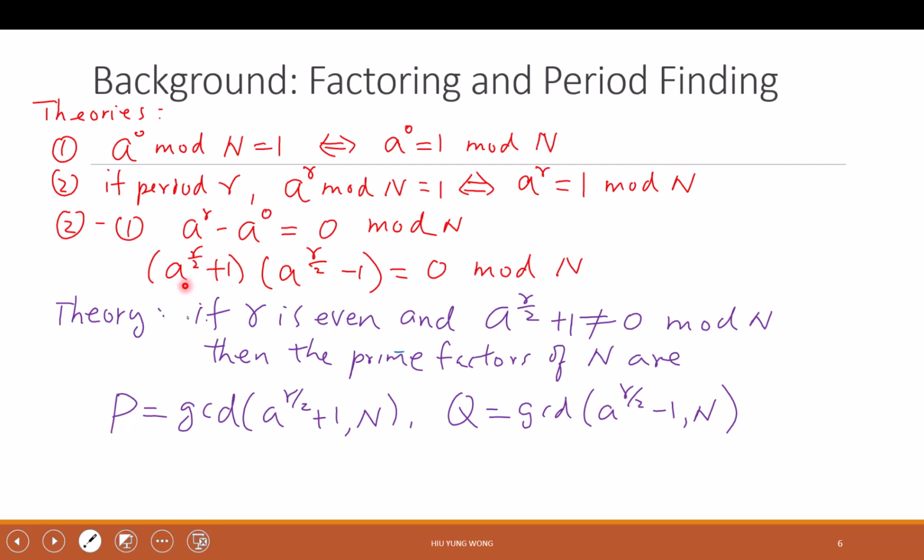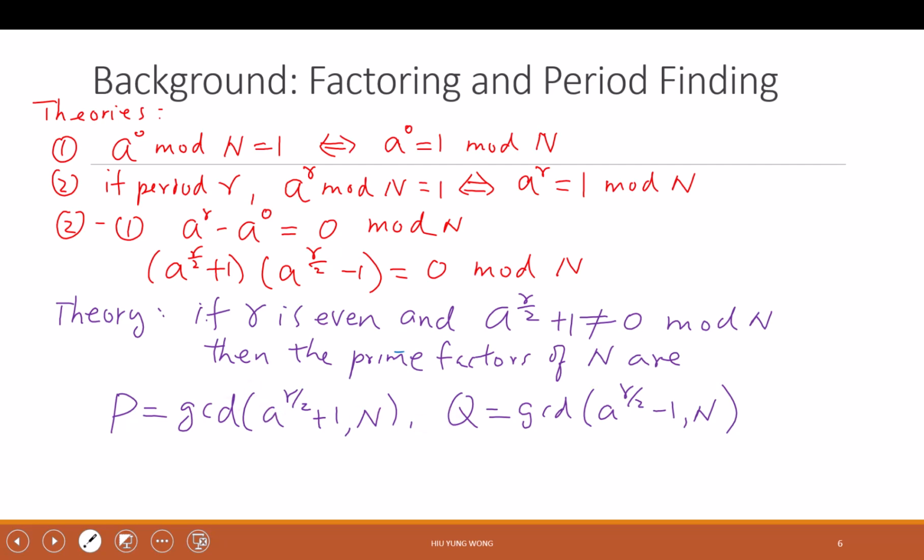And also, you need to make sure that a to the power r divided by 2 plus 1 is not equal to 0, modulus n. Okay? Or in other words, this is not a multiple of n. Right? If that is the case, you can find the prime factor of capital N as this. It is the greatest common divisor of this guy and n, and also this one and n. That gives you P and Q.